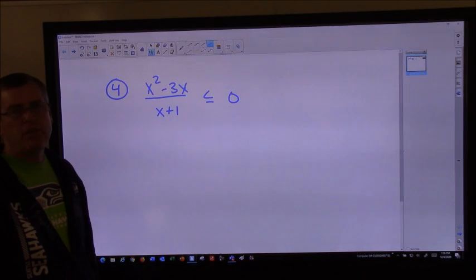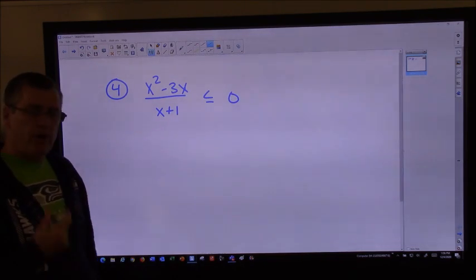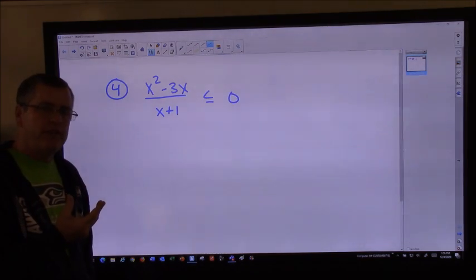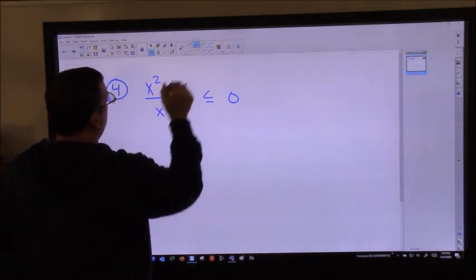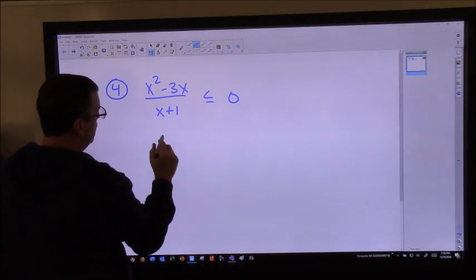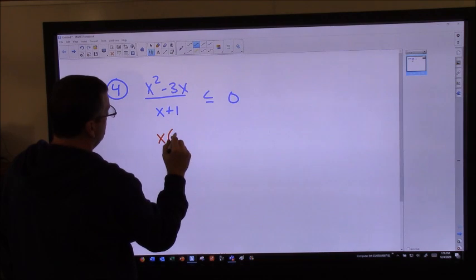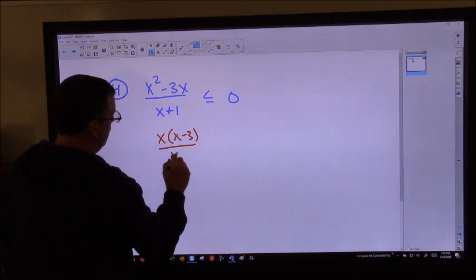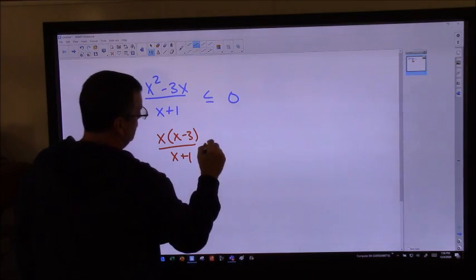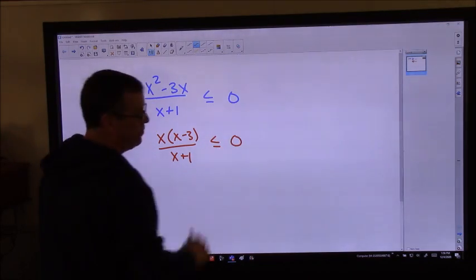Okay? Actually, it might even be easier. What I want to do is I want to start off doing the same thing. I want to factor the numerator and denominator. So when I look at this, I could factor an x out of here. So now I get x minus 3. And here I have x plus 1. I still want a 0. That 0 is really important.